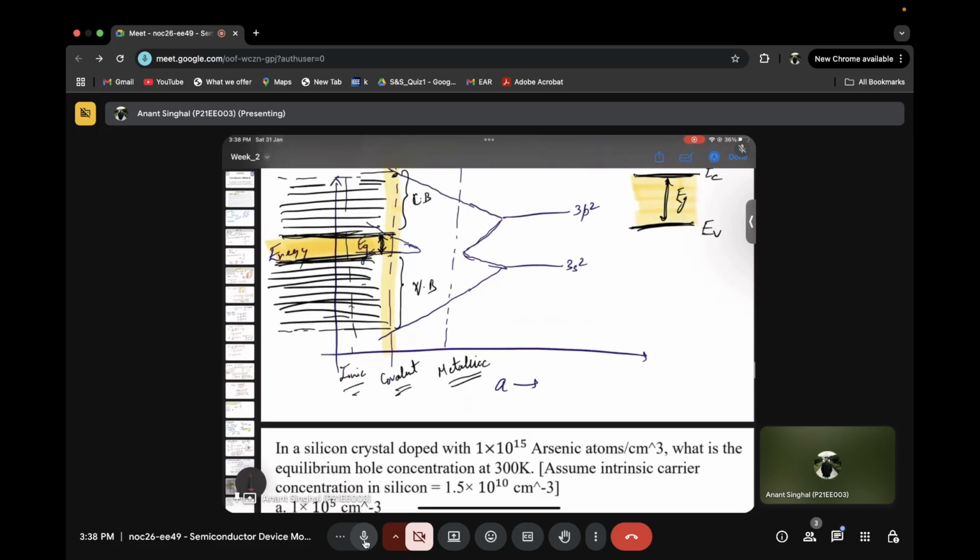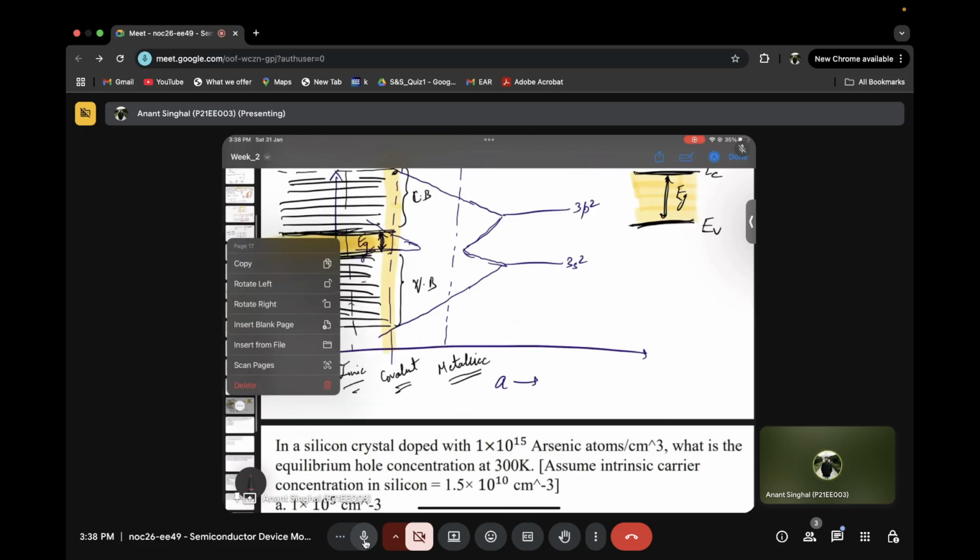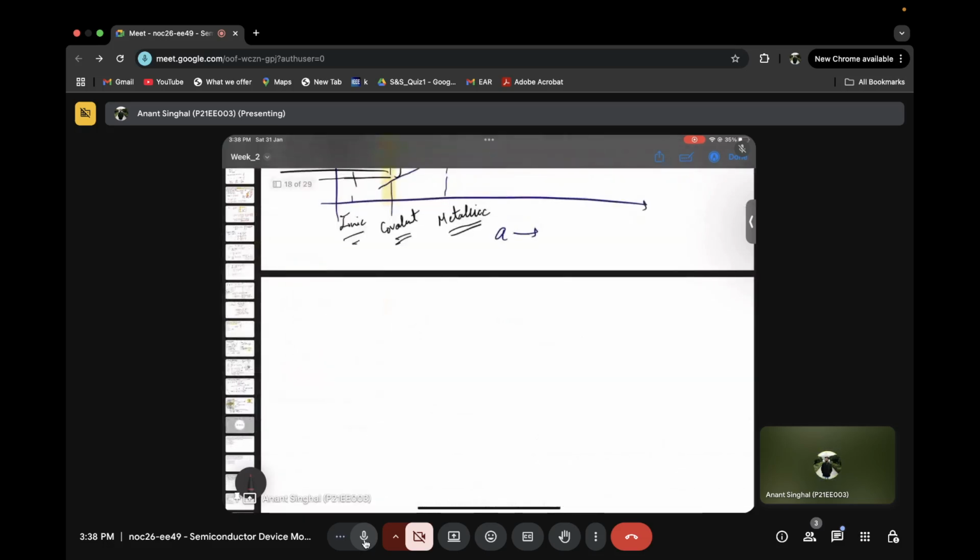So let's see. We have three classifications, which you might have heard about: insulators, semiconductors, and conductors.